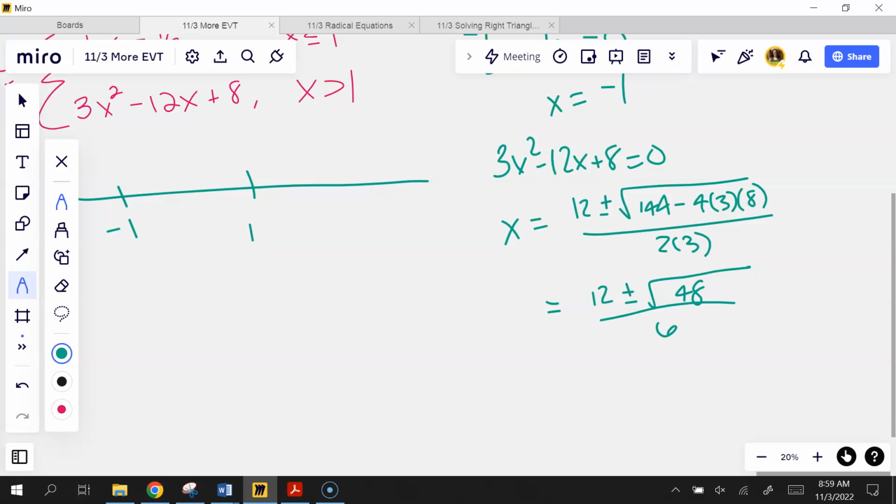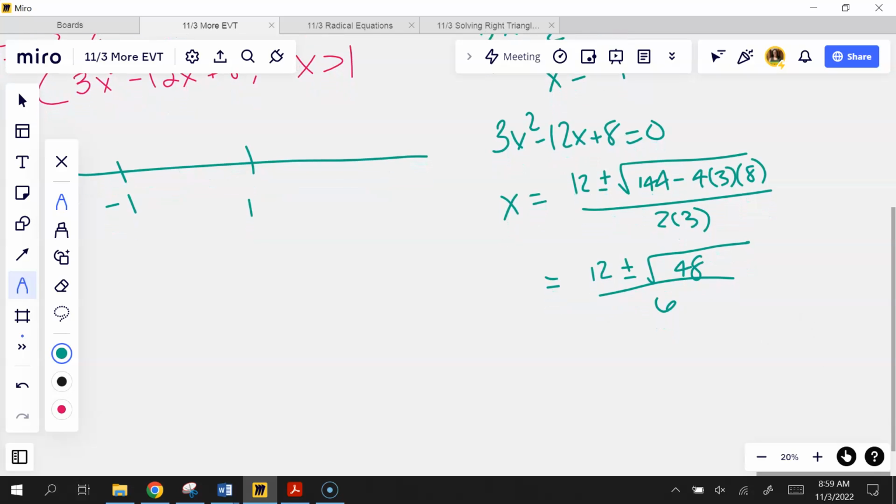I'm gonna clean it up just a tad. 16 and 3. Bigger because you got a 12. 16, right? What do you divide 48 by? 16 times 3 is 48, isn't it? Yeah. So 4 root 3. You could do 4 and 12.